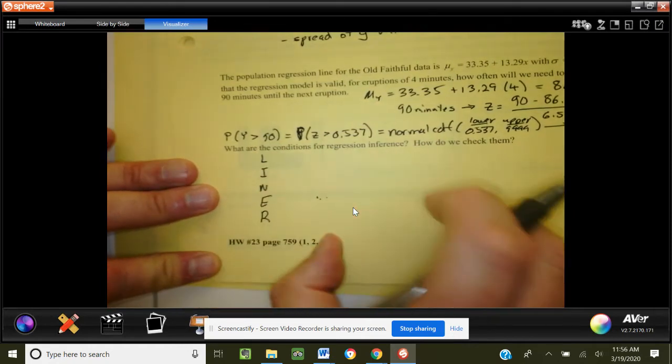L-I-N-E-R. So technically, instead of 3 conditions like you're used to for the types of inference we've done in the past, now there's 6 conditions. But this isn't going to be that hard. It's really just a matter of looking at graphs that you'll have in front of you and stuff like that.